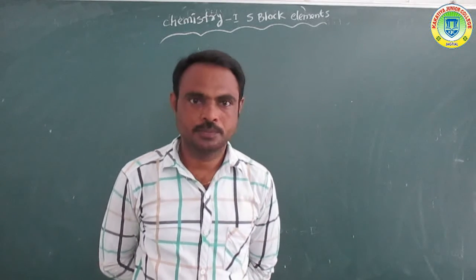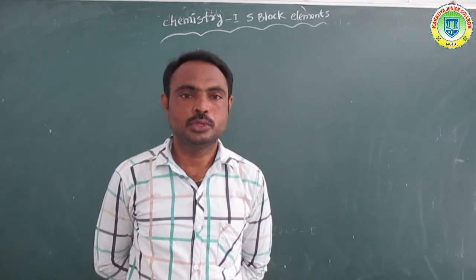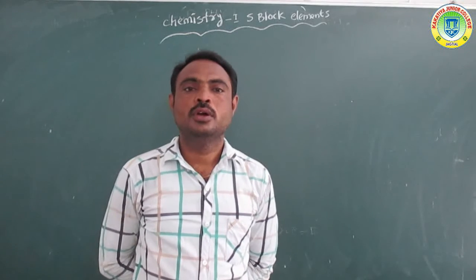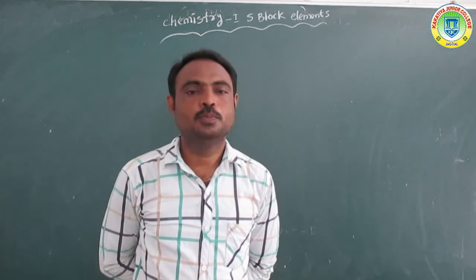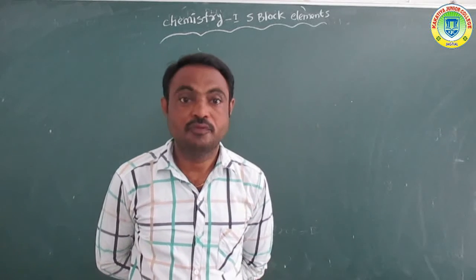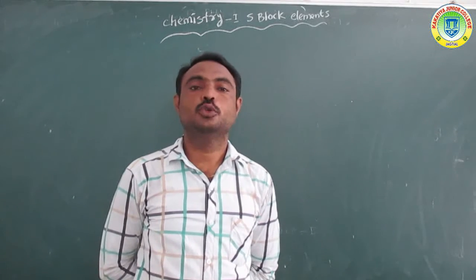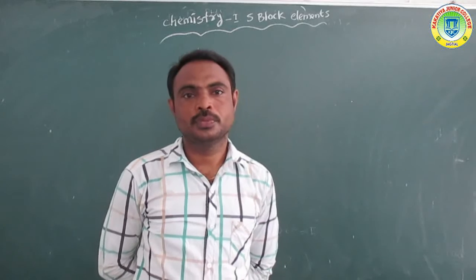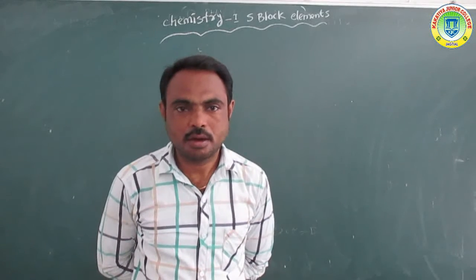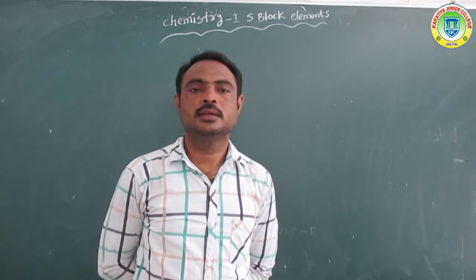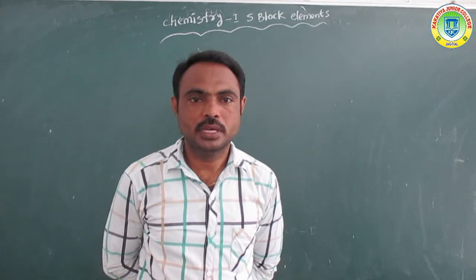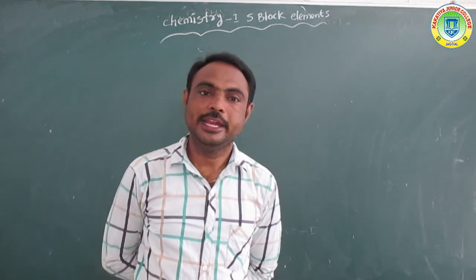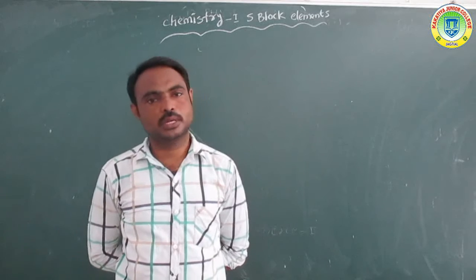Two groups, 1 and 2. The first group is group 1A, and the second group is group 2A. Group 1A is called alkali metals, and group 2A is called alkaline earth metals. Already we know that from the last class.